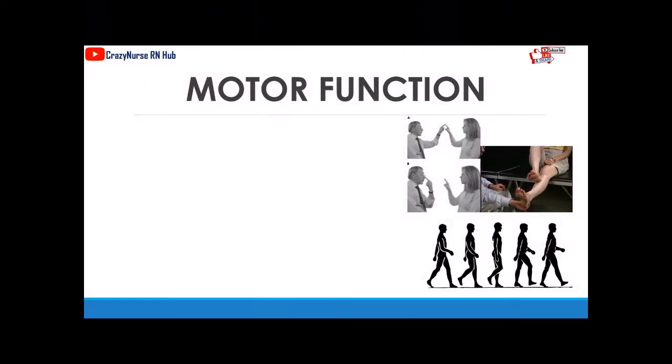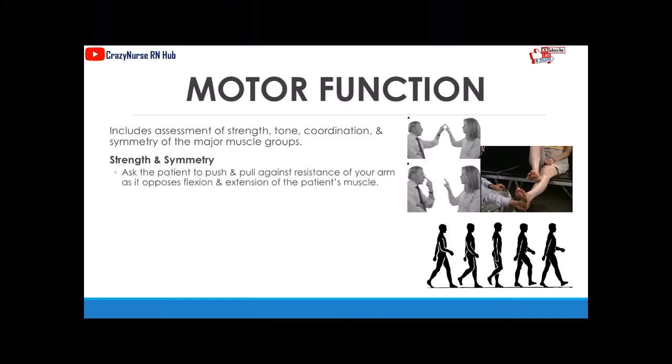Next, we have your motor function. The motor system examination includes assessment of strength, tone, coordination, and symmetry of the major muscle groups. Test muscle strength by asking the patient to push and pull against the resistance of your arm as it opposes flexion and extension of the patient's muscle.